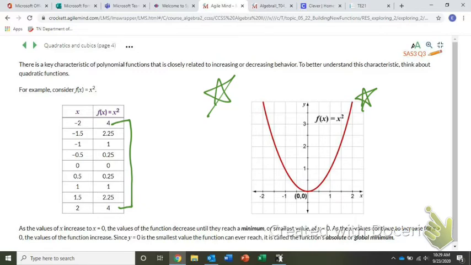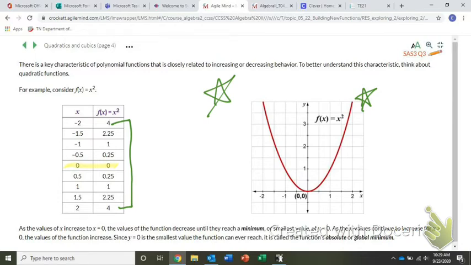Okay, now that you have that done, I want you to notice what it says at the bottom. As the values of x increase to x equals 0, which is right here, the values of the function decrease until they reach a minimum or the smallest value of y equals 0.